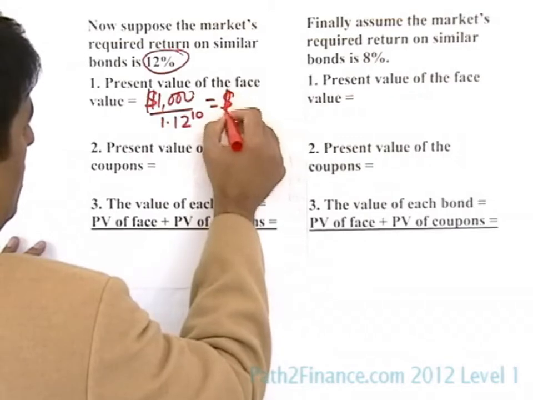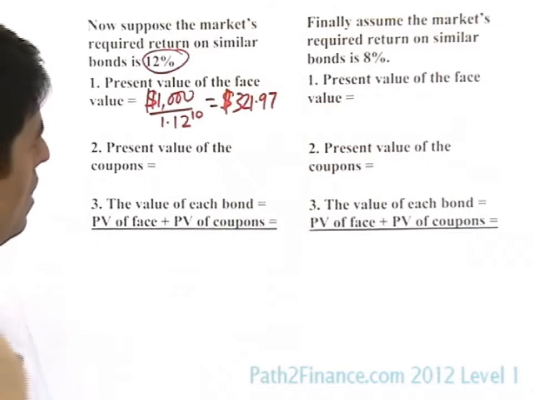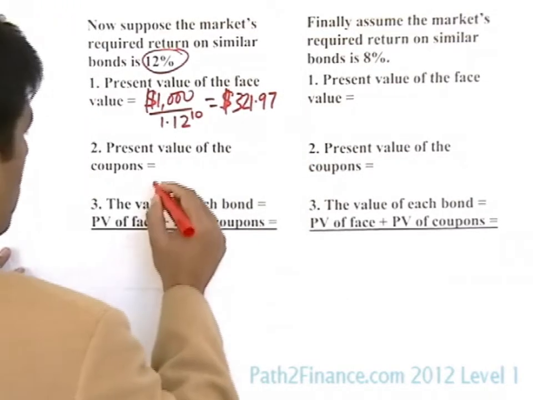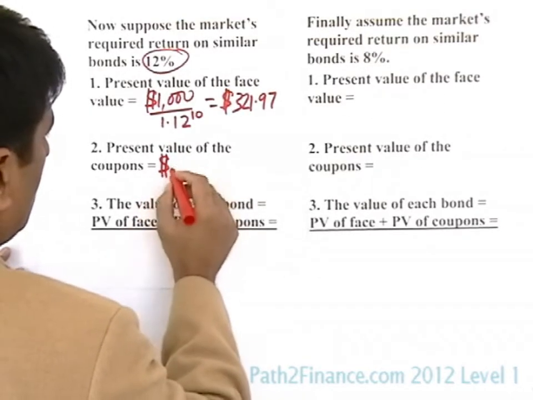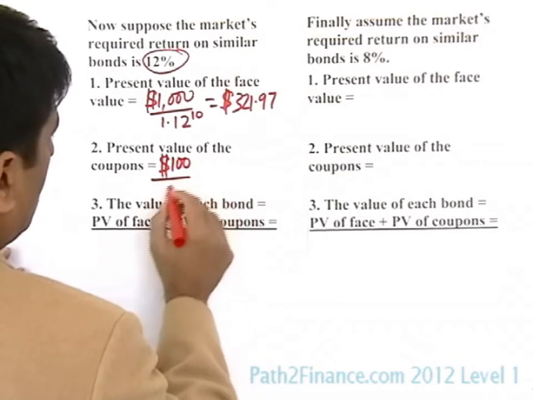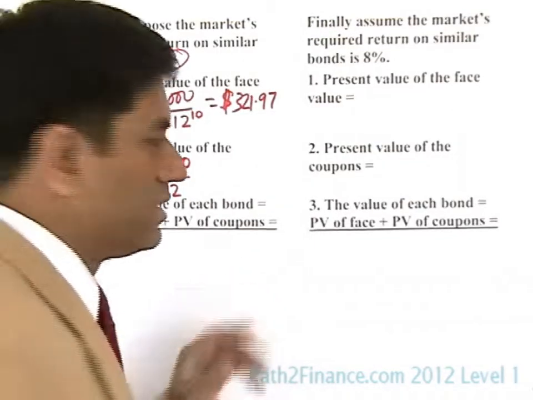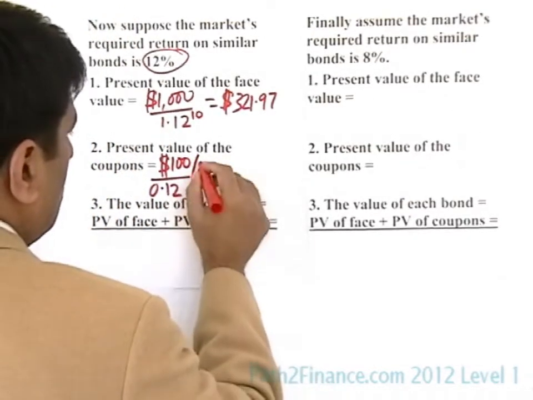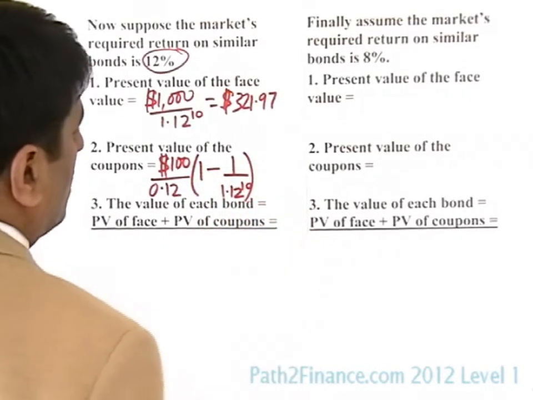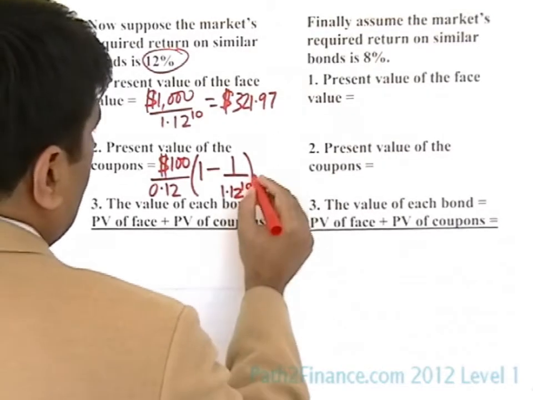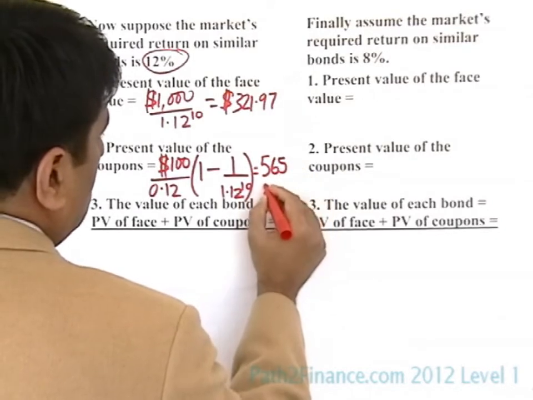That will equal 321.97, and the present value of the coupons would be $100, it's an annuity, divided by 0.12, which is the discount rate, 1 minus 1.12 to the power 10, and that will equal 565.02.